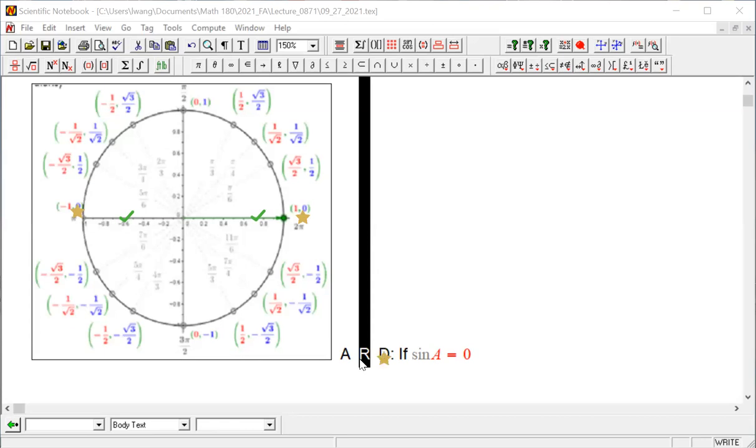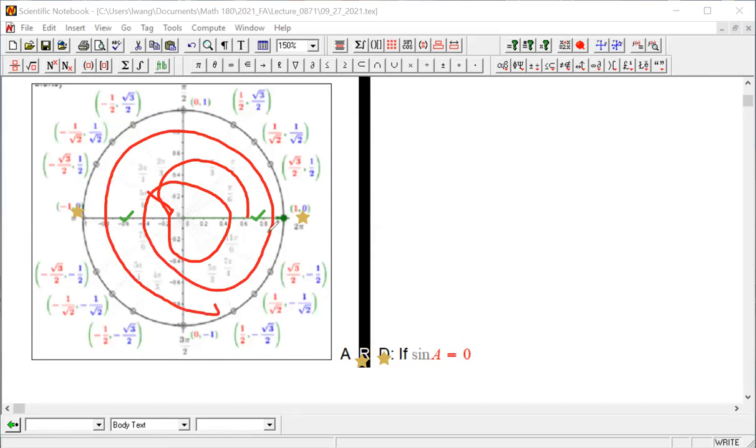So from D, we have identified A, we have identified R, which are the 2 terminals, right? How many angles could there be that end up on these 2 terminals? It could be 0, it could be pi, it could be 2 pi, 3 pi, 4 pi, 5 pi, and so on and so forth. Do you guys get it? Did you guys get it? This is a question from D to A.